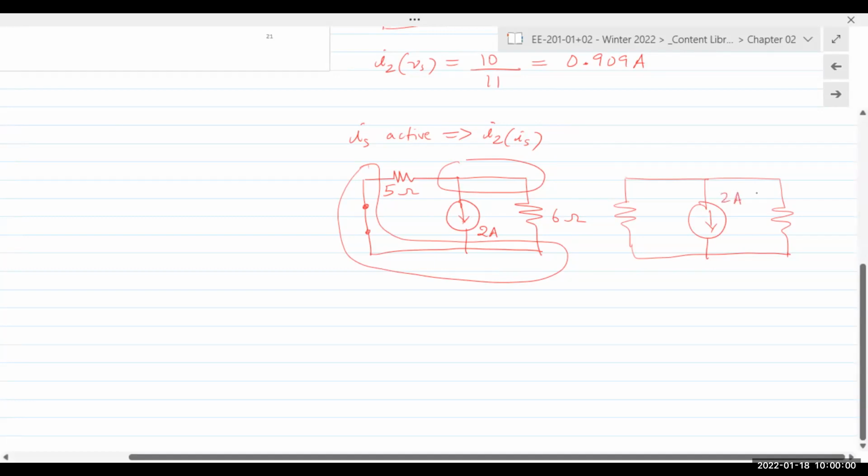So you have a 2 amp current source, a 6 ohm resistor, and a 5 ohm resistance, and they're in parallel. The 2 amp current source comes down here. It's going to split in two. One of them is going to the 6 ohms, the other one's going to the 5 ohms. So what technique comes to mind?